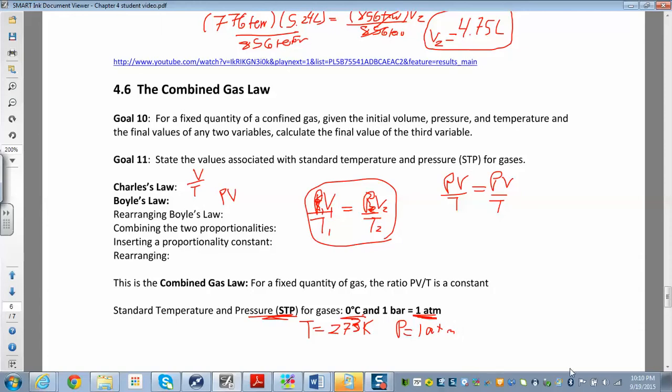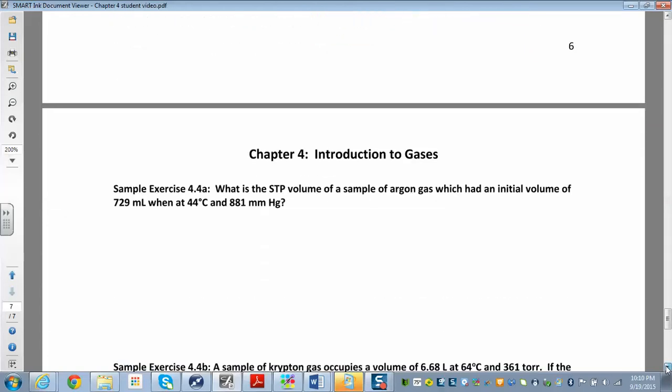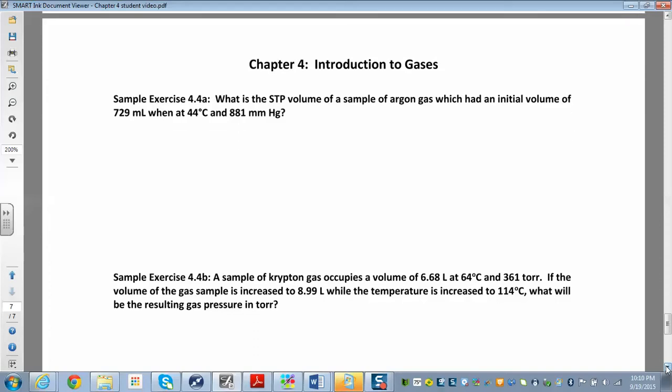So let's see if we can use this in another problem, using the combined gas law. What is the STP volume? The temperature at STP is 273 Kelvin, the pressure is 1 atm, and they want to know the volume at STP.